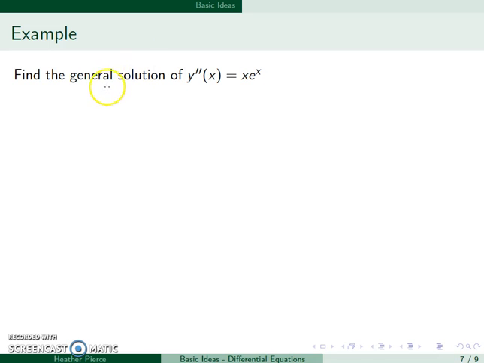We'll do another one. This time I want to find the general solution of y double prime of x equal to x e to the x. So the integral of y double prime of x dx will be equal to the integral of x e to the x. The integral of y double prime is just y prime of x. And over here, I'll have to do an integration by parts.